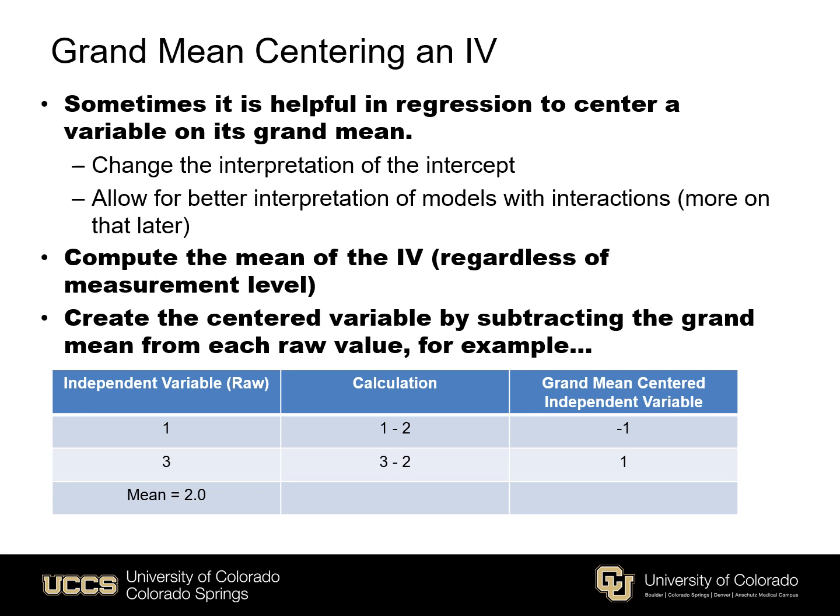Well, the mean of that independent variable is 2. So for each person, we would subtract from their raw value that mean of 2. So for person 1, 1 minus 2 gives them a mean centered value of -1. And for person 2, subtracting that mean gives them a grand mean centered variable value of +1. And that's all there is to it.